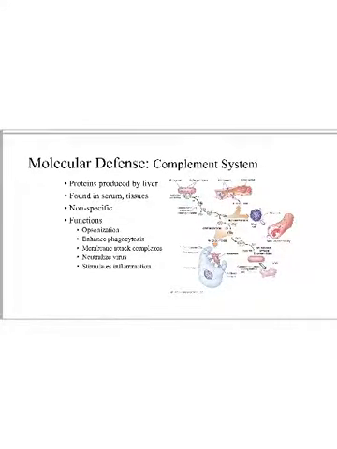Okay, now the complement system. The complement system is a network or a system of proteins. They're made in the liver, and they get dumped into the serum and the tissues in your body. They're non-specific. What they do is they complement the immune system.